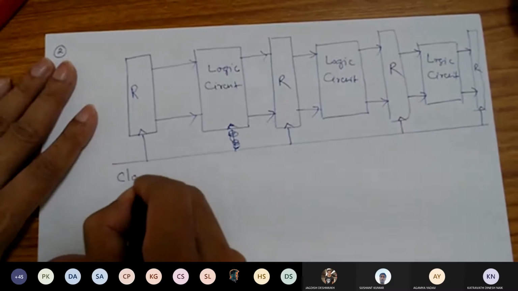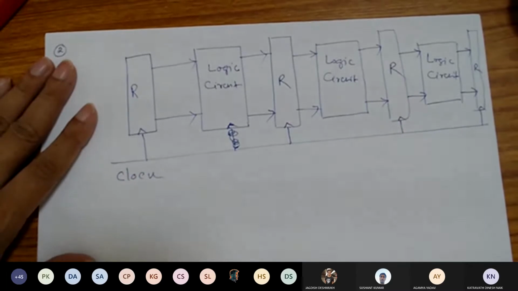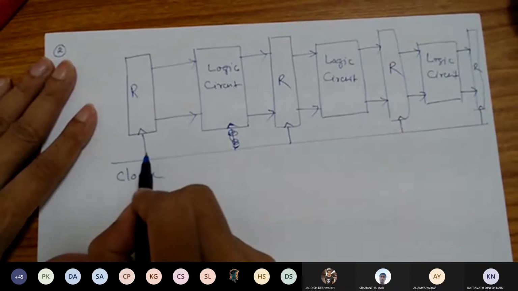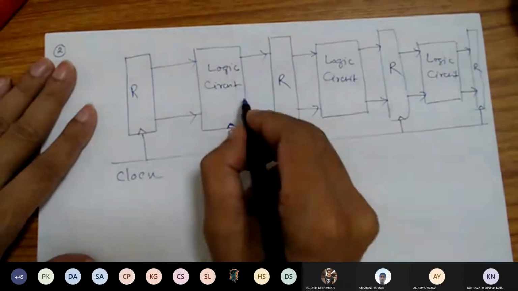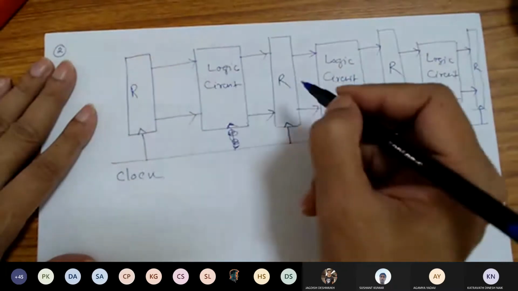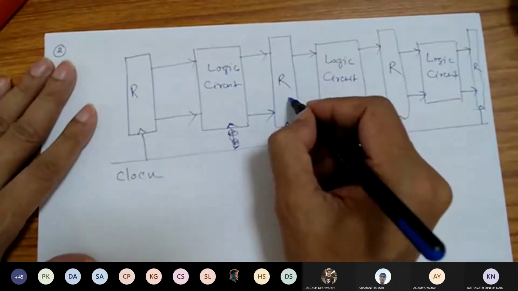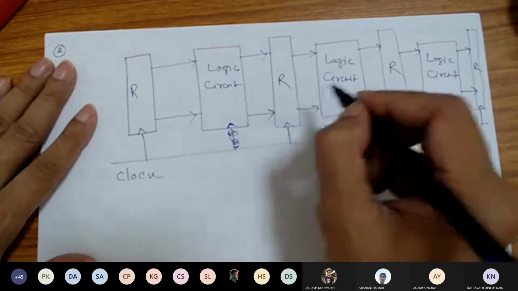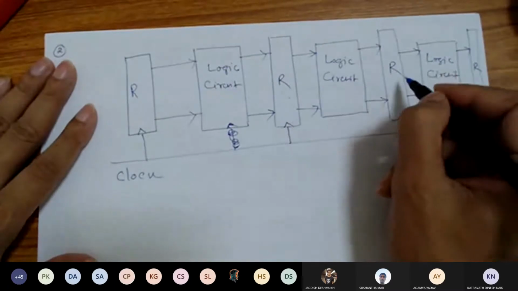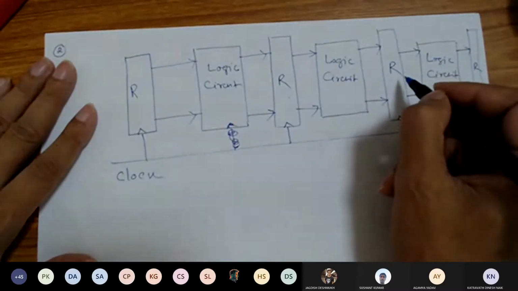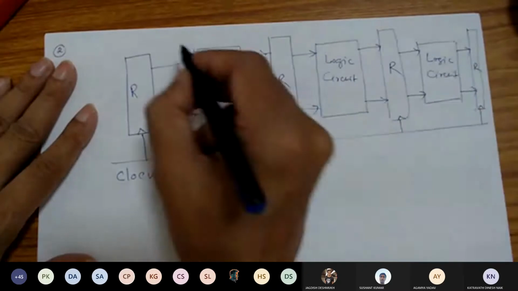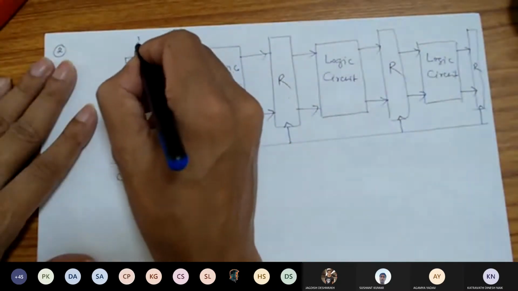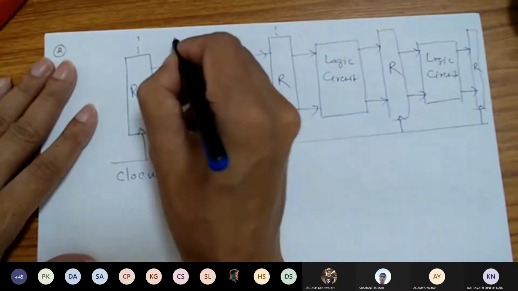So you apply the clock. This register's value will be processed by this logic circuit and stored into this register. This register's value will be processed by this logic circuit and stored into this register. This register's value will be processed by this logic circuit and stored in this one. So you can say that now these are your stages.